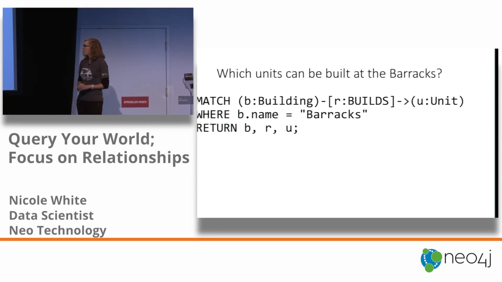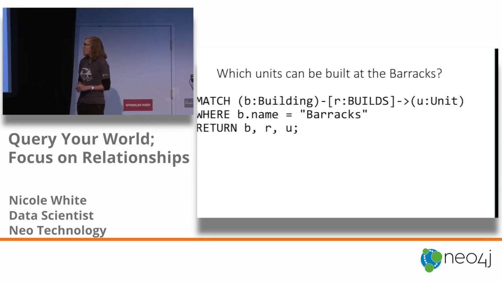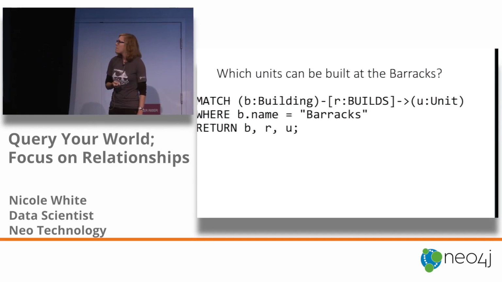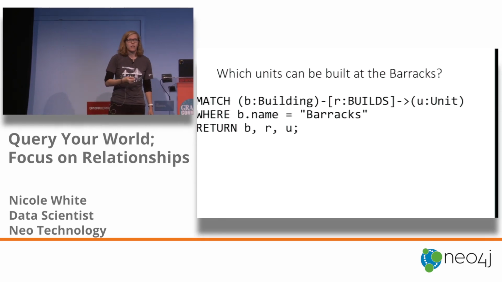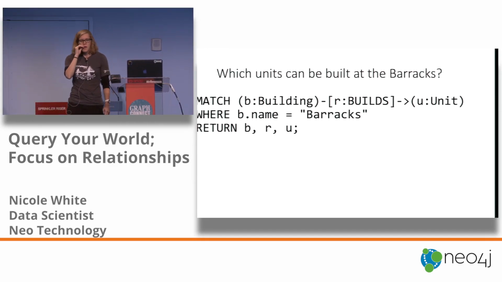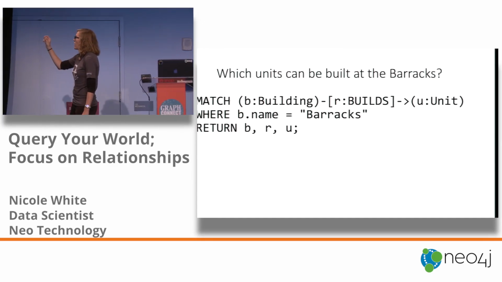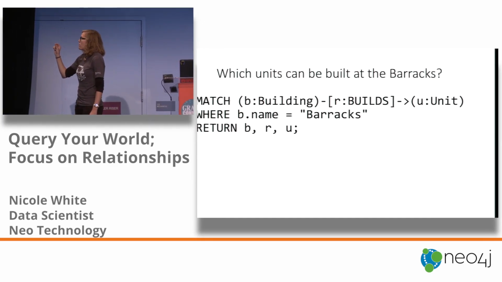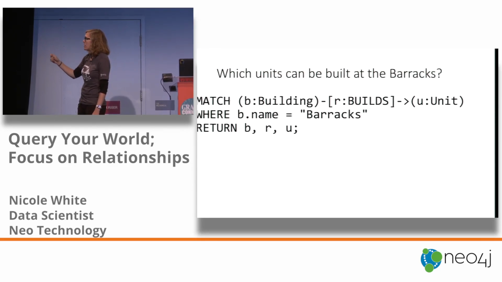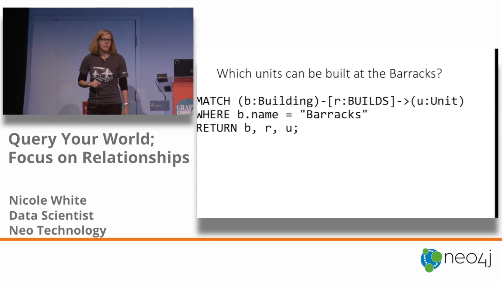I'm sure most of you are familiar with that from SQL. And then we're referring to those variables in the return clause. We're returning all of those entities, right? So that is a pretty standard query: match, where, return, where we specify the graph pattern that we're interested in, filtering based on a property on one of those entities, and then returning results.